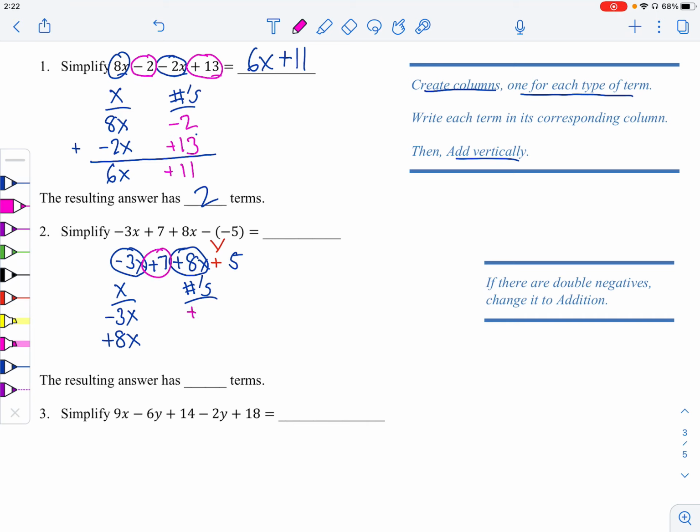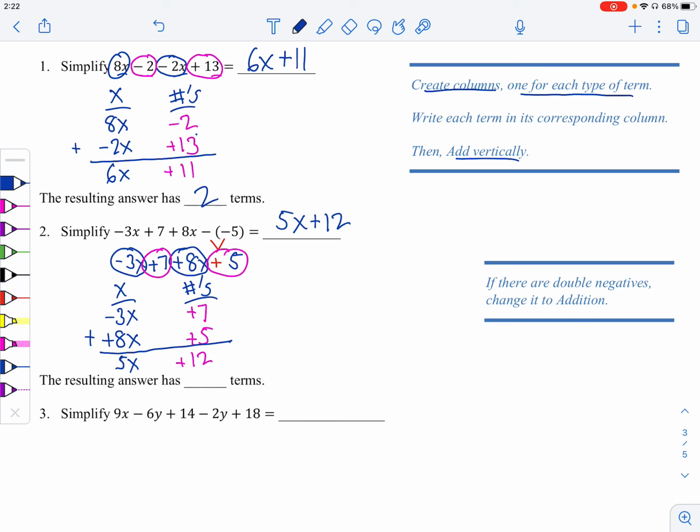Positive 7 and positive 5. Now all we need to do is add vertically. So negative 3 plus 8 is 5. And that's in the x column, so just 5x. The number column, we just have 7 plus 5, which is 12, right? So positive 12. And that's our answer right there, 5x plus 12.